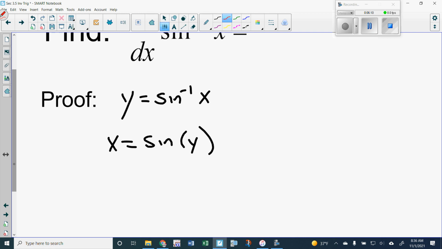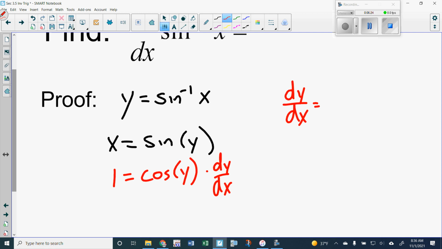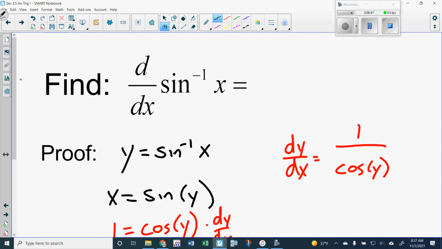So the derivative of x is just 1 equals cosine of y dy dx. So dy dx is equal to 1 over cosine of y. We're not going to stop there yet. What we want to do is write the derivative of inverse sine in terms of x. We don't want a y in our answer.